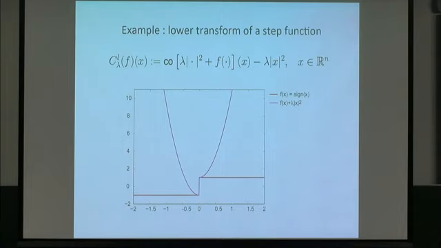Then we want to take the convex envelope of this function. And okay, so what's it going to be? You're basically going to get the original curve on this side and the original curve up here, but then you have a bit here where the original function is not convex. And so when you take the convex envelope, you get the green curve, right? Which is identically equal here, identically equal up here, and in between you just get a straight line which is tangent to the blue curve.